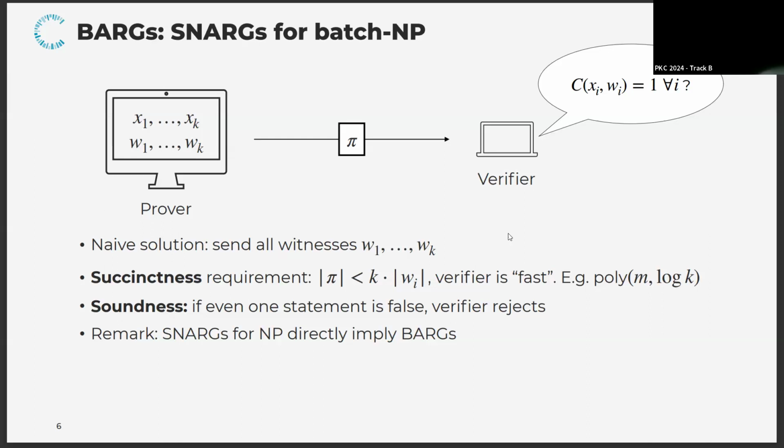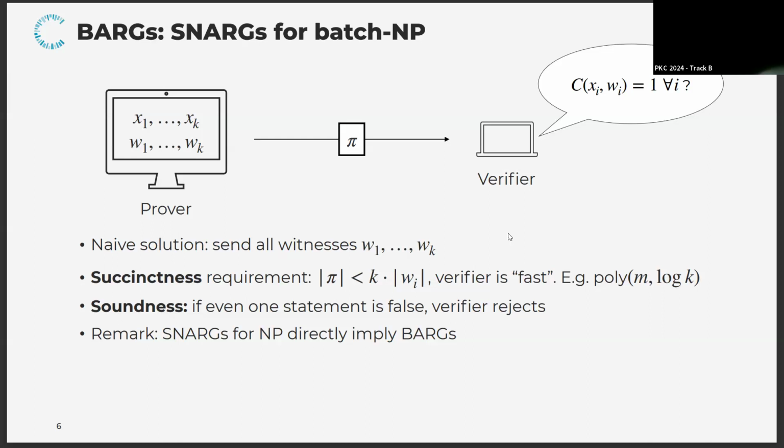But this has a large communication cost, k times the size of a witness, and we want to be able to have more succinct communication with respect to the number of instances. So, for example, we would like to have a polylogarithmic dependence on the number of instances.